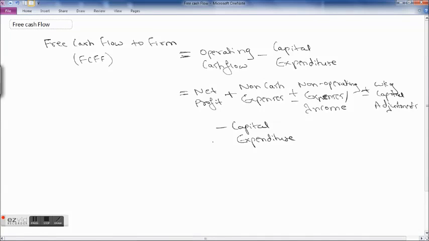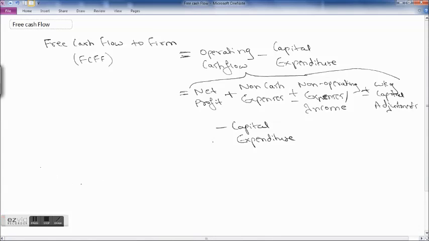Now if you see this formula, net profit plus non-cash expenses plus non-operating expenses and income plus or minus working capital adjustments, all this is nothing but the formula for calculating your operating cash flow, or cash flow from operations, using the indirect method. So free cash flow to the firm is operating cash flow minus capital expenditure.